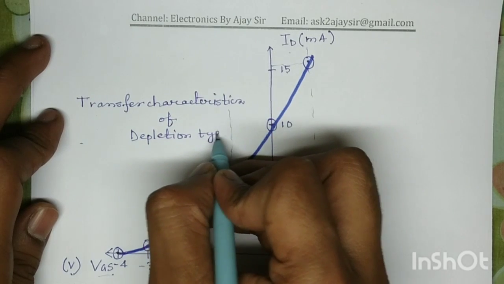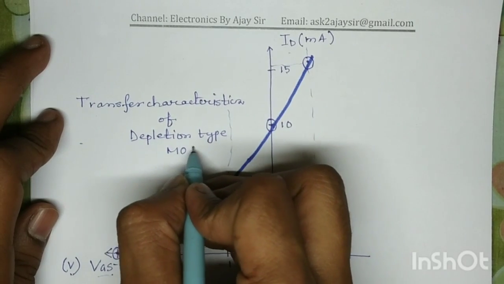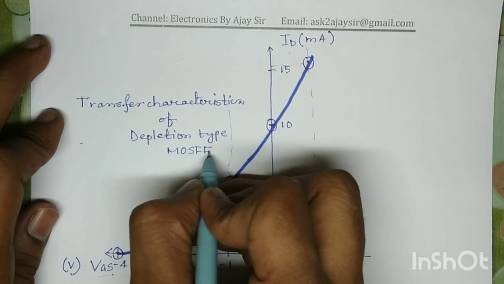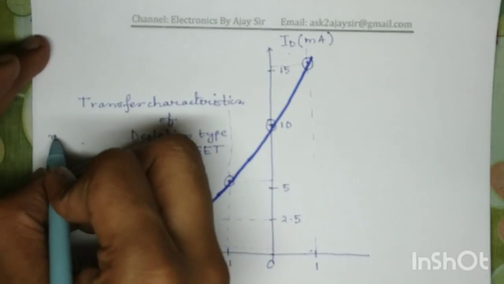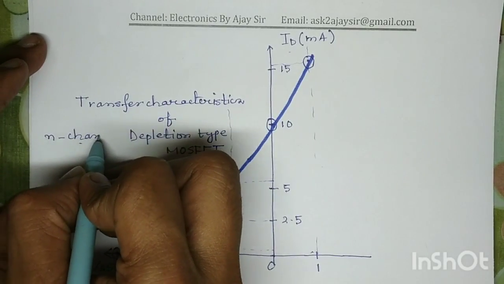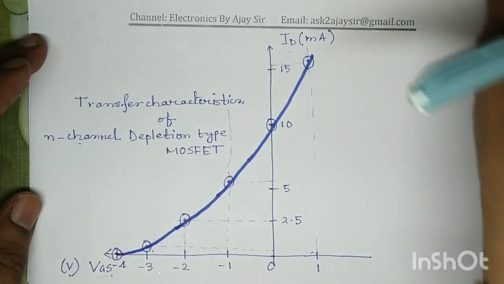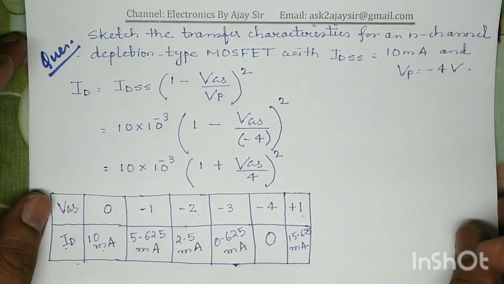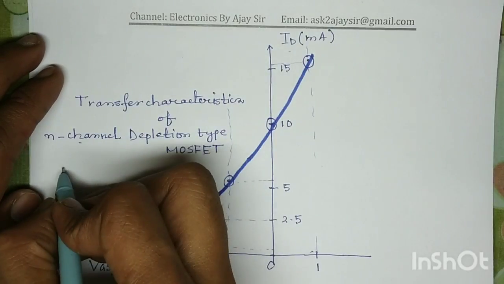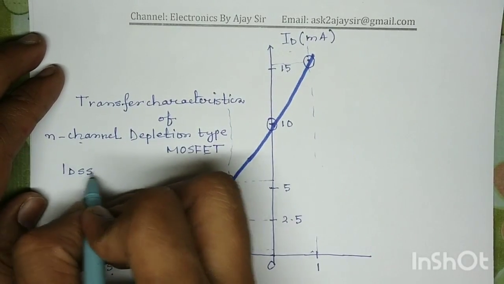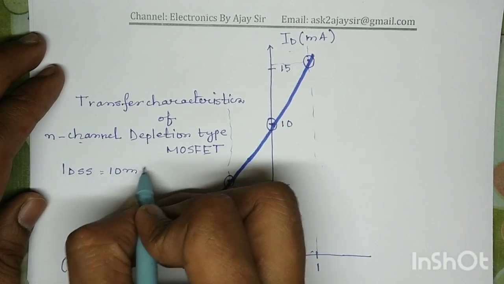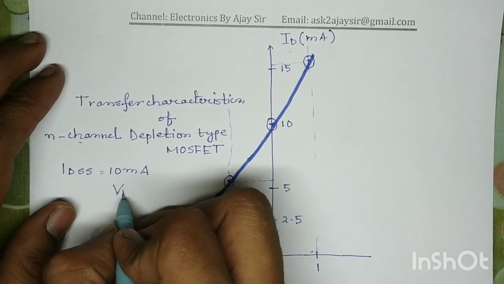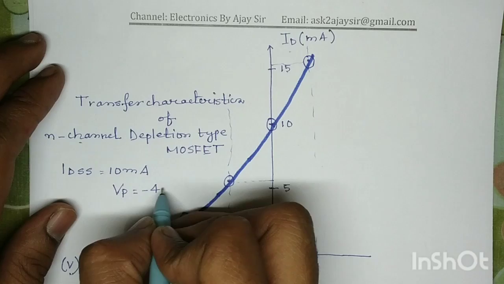More specifically, in the question it was given an n-channel depletion type MOSFET with the specification IDSS equal to 10 milliampere and pinch off voltage VP equal to -4 volt.